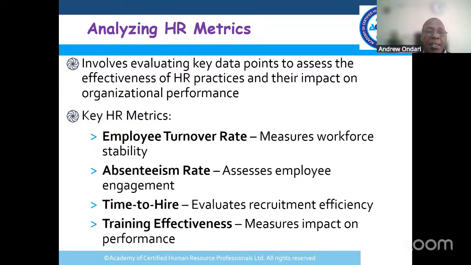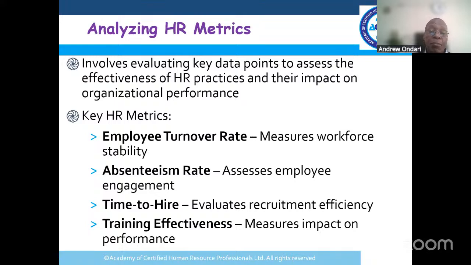And then another area of measuring performance is training effectiveness. This shows the results that are produced from a training intervention. Usually there are 4 areas of determining the effectiveness of a training process or program.